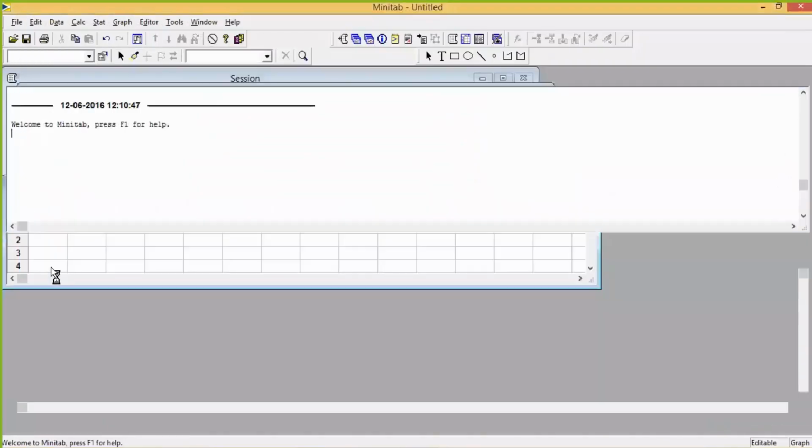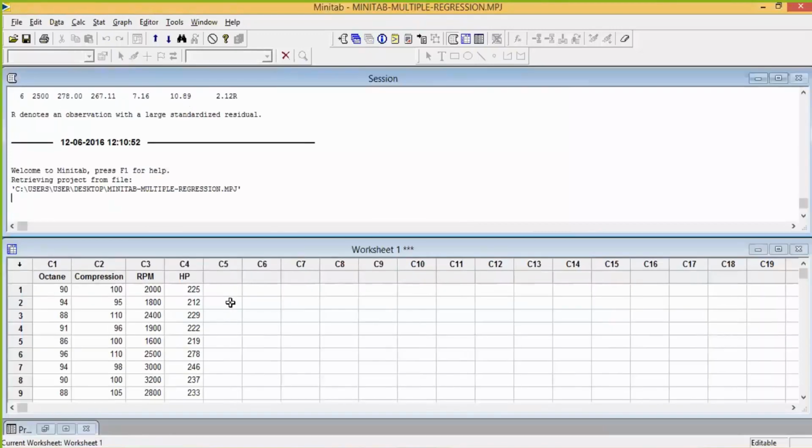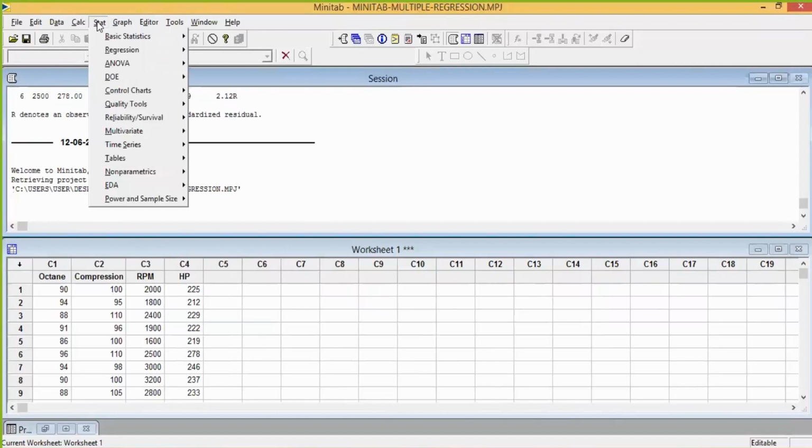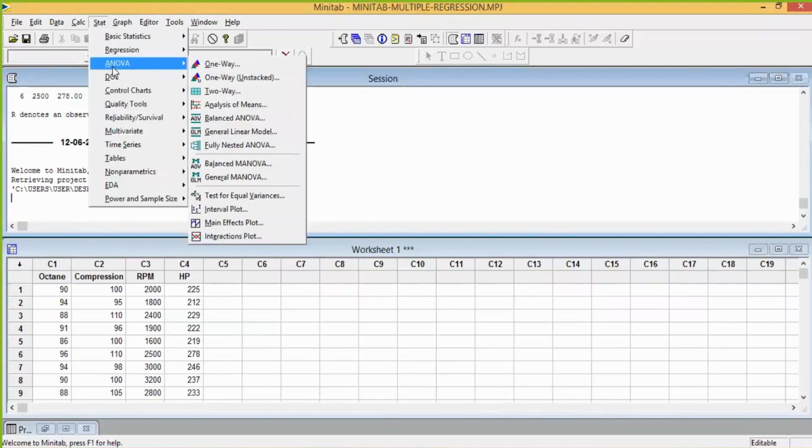So for example here, if we have data like this, octane, compression, revolutions per minute, HP, in more than one column, that is C1, C2, C3 and C4, there are four columns involved. You can use ANOVA instead of a t-test. The ANOVA option is there. You can click on ANOVA and click on one way.